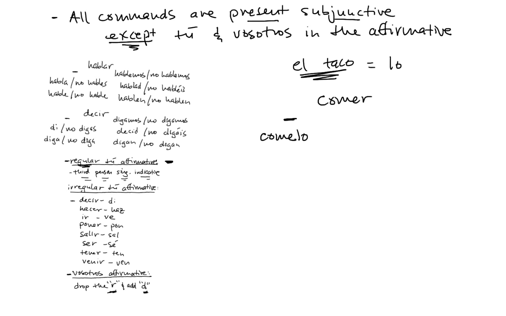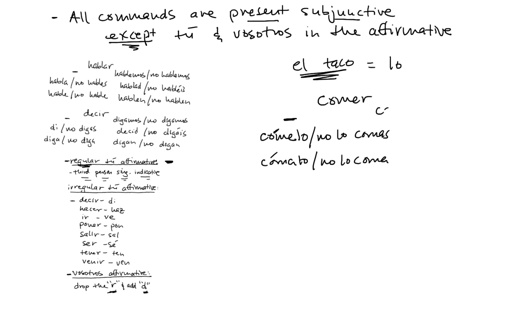We have to put an accent there so we maintain the sound of come. We don't want comelo, we want cómelo. Negative command, don't eat it, would be no lo comas. We put it before the negative commands, and present subjunctive, all negative commands. Usted, coma, present subjunctive, lo, cómalo. Negative, no lo coma.